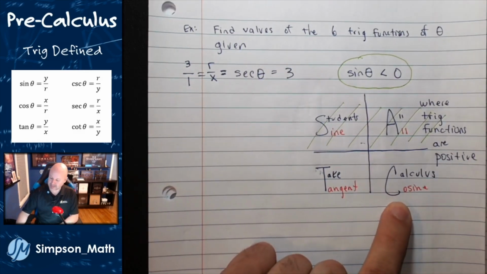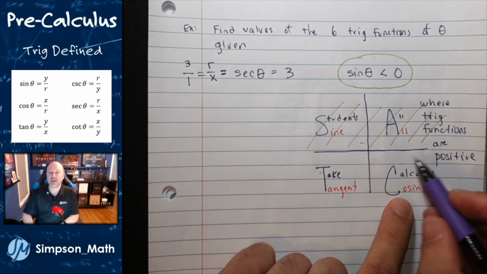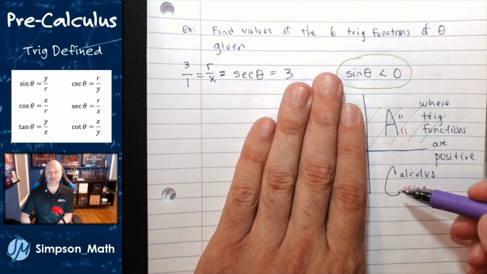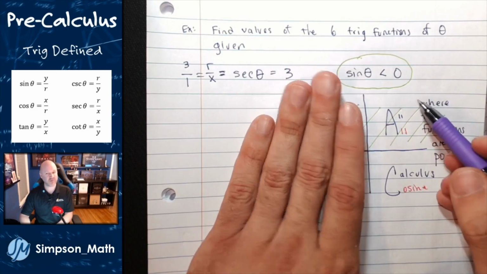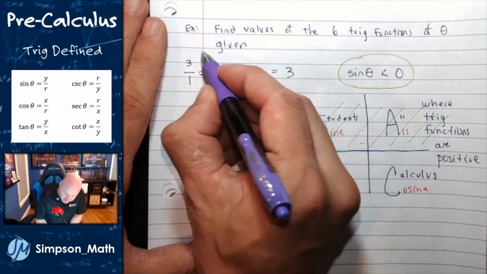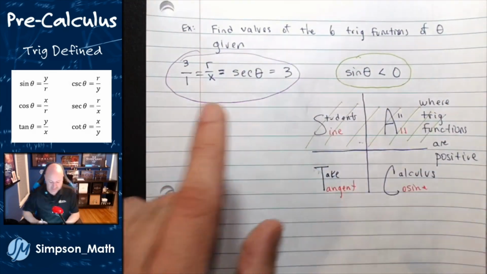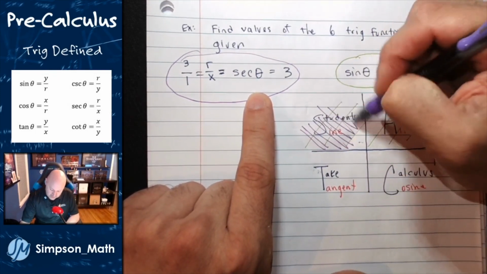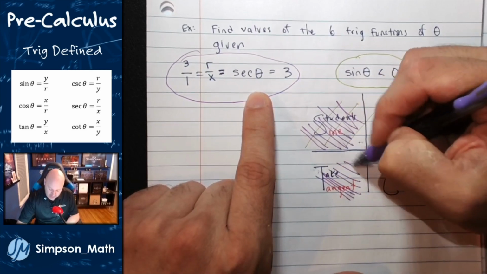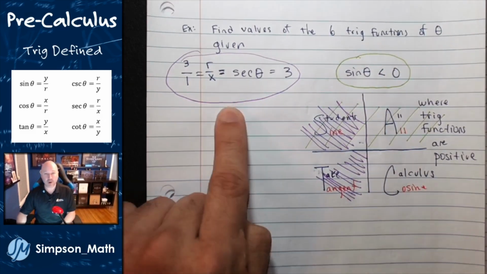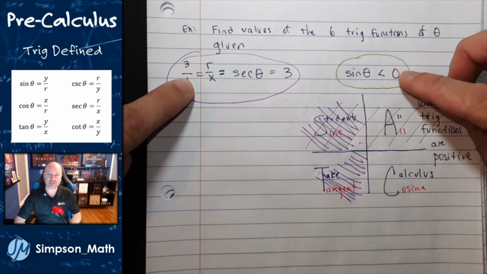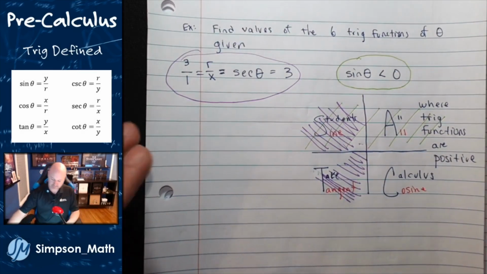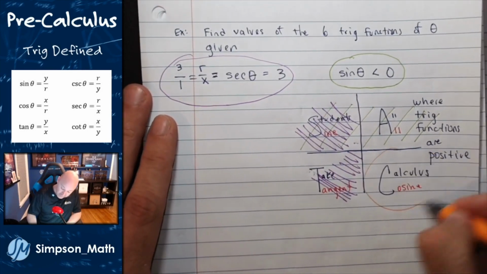So it is positive down here in quadrant 4. Basically, cosine is positive in quadrant 1 and 4. But we've already said it can't be quadrant 1. So I'm going to circle this in purple and say this tells us it can't be here in quadrant 2, nor can it be here in quadrant 3. So the purple and the green, these two statements, kind of clue us in that we must be in quadrant 4 yet again. I think all of my examples have been down here in quadrant 4.